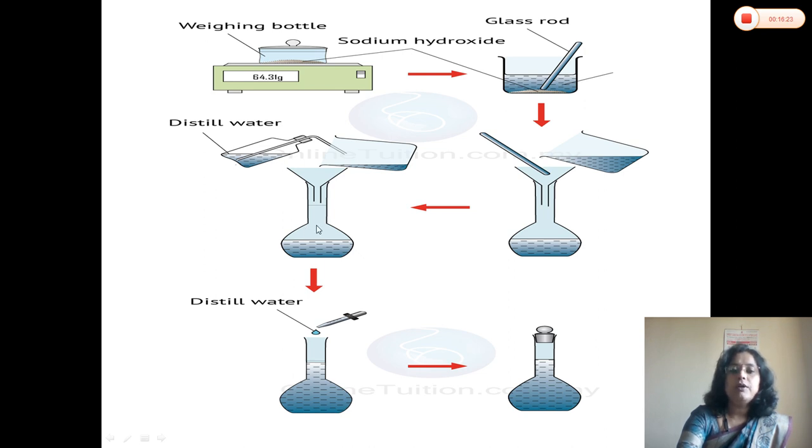So you need to add distilled or deionized water into the volumetric flask up to the given mark, and at the end, if you need a very small amount of water to reach the given mark, add the last droplets of water with the help of a dropper and maintain the level in the volumetric flask.